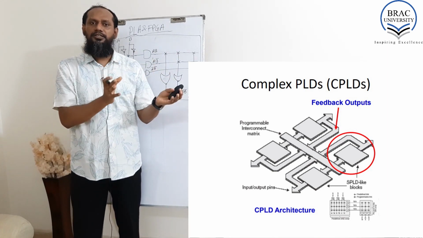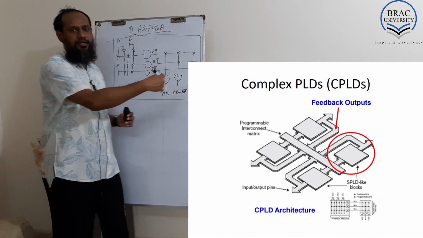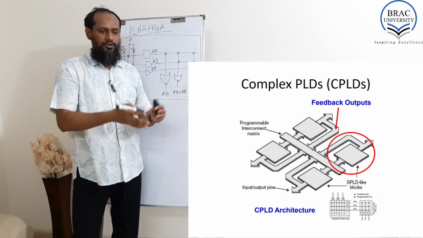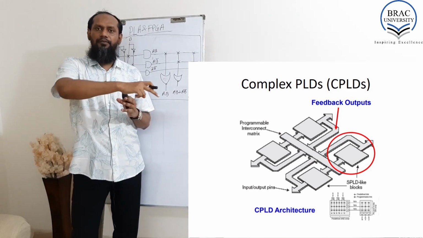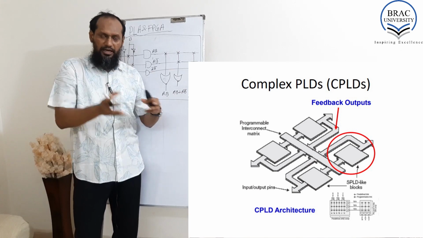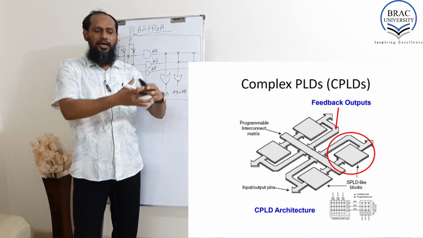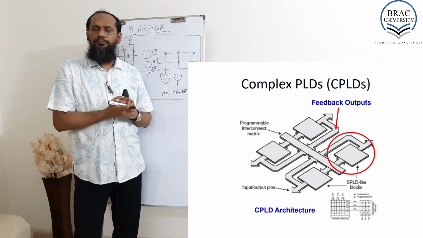In that circumstance, we call it complex PLD. Like this is the block, you can see in the figure. So there are 4 blocks here, having some input output and having some feedback with the bus, or with the internal connections. This kind of complex structure is called PLD.